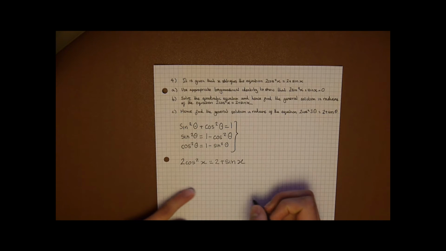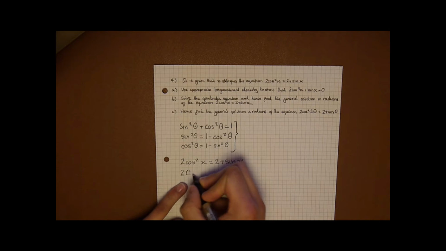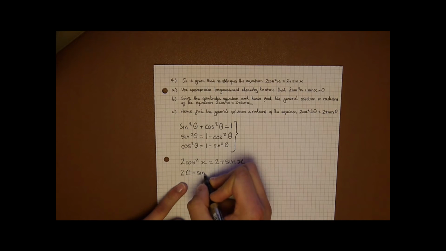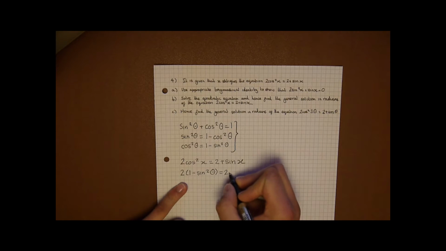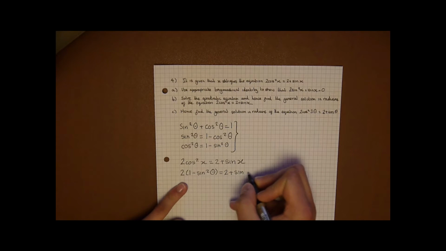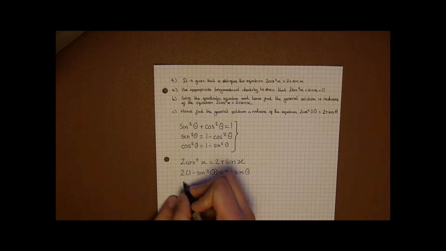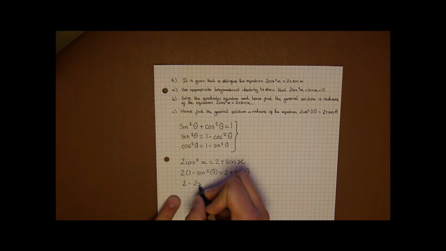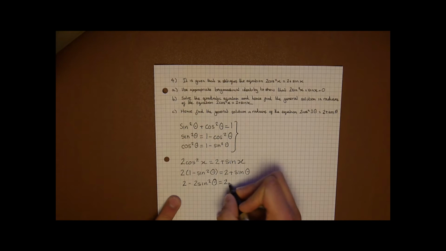Now I'm going to do 2 times (1 minus sine squared theta) equals 2 plus sine x, or sine theta. We'll just keep sine theta because I've written it first time. Expanding this out should give you 2 minus 2 sine squared theta equals 2 plus sine theta.